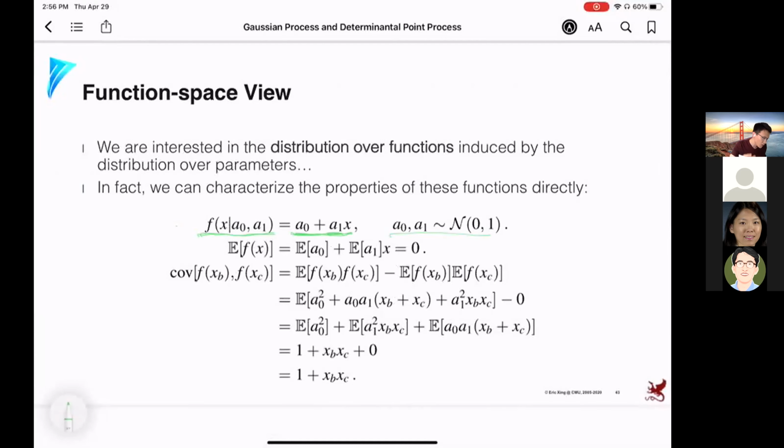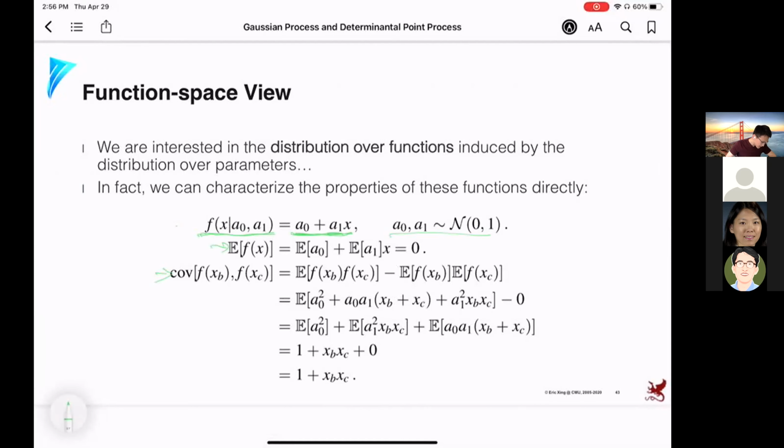For a Gaussian distribution, we only need its mean and covariance to fully characterize it. If we know the expectation of f(x), and for every two input points we can calculate the covariance of f(xb) and f(xc), we know exactly what f(x) looks like. So we can do this calculation accordingly.